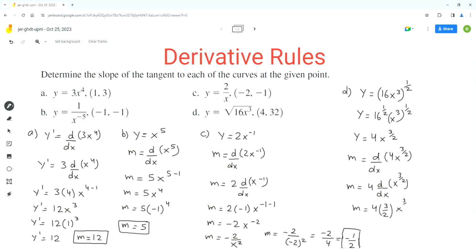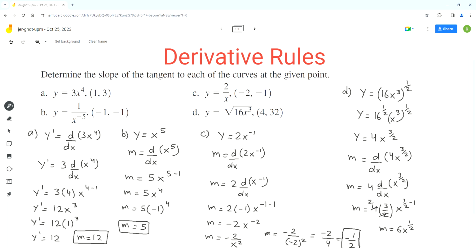So 3 over 2 minus 1. So we get m equals, so 4 times 3 over 2 is equal to 6, because we can reduce by the 4 and the 2. So we get 3 times 2 over 1, which is equal to 6. And we get x. And now in the exponent, 3 over 2 minus 1 is equal to 1 over 2. So this is the expression for the slope of the tangent.